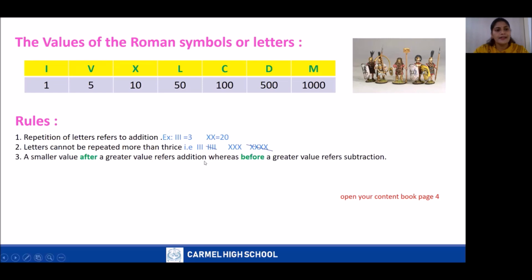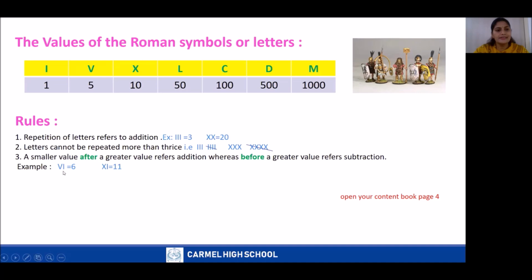Next rule. A smaller value after a greater value refers to addition, whereas before a greater value refers to subtraction. Did you understand? Confused? Yes. Let me clear it with an example.